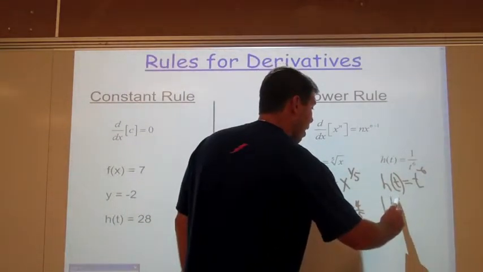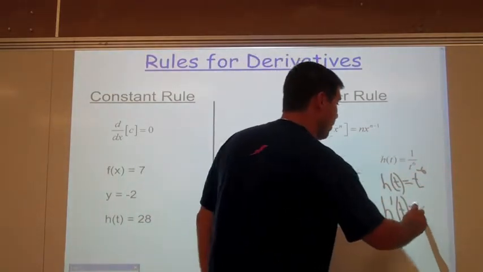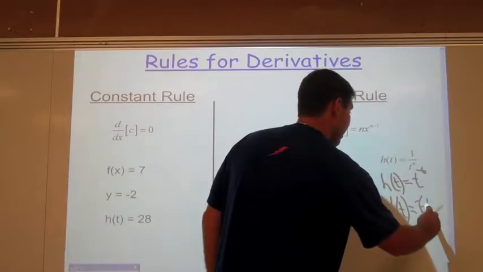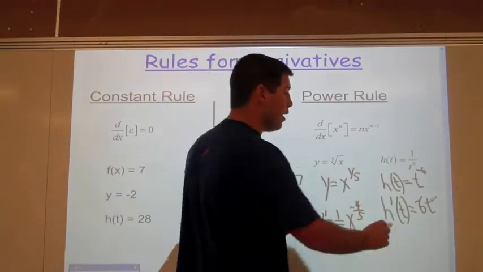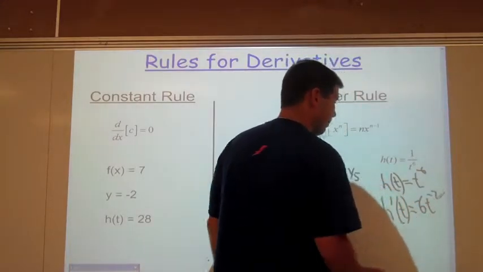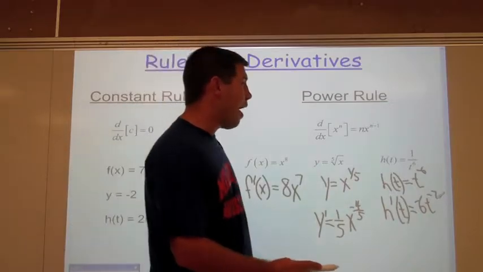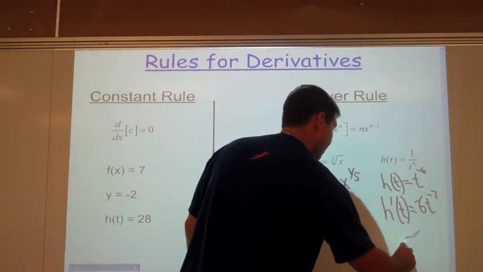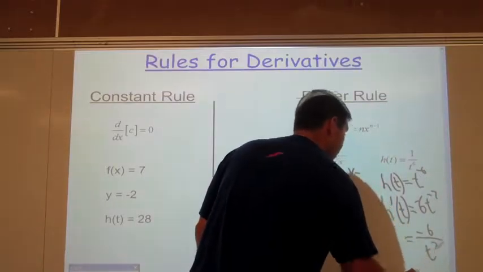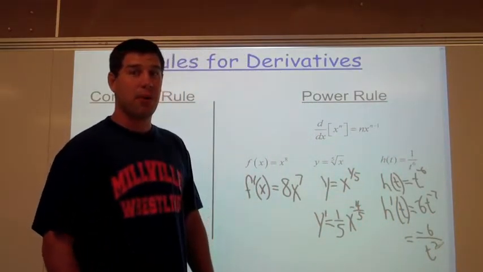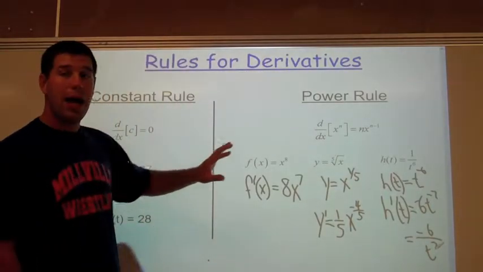H prime of t is going to equal, power comes down, so it's -6, times t to the 1 less power. -6 minus 1 is -7. If this was a multiple choice problem, you would probably see the answer as -6 over t to the 7th. You usually don't see negative exponents in your answer. So there's the constant rule and the power rule.